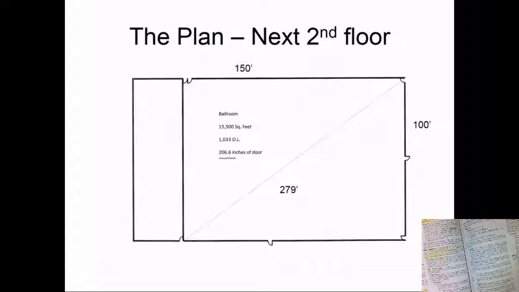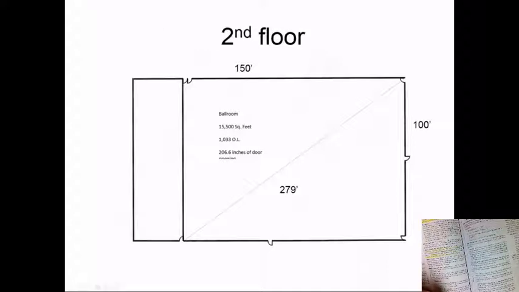So let's say this is 200 feet long, and you divide it by 2, then the next doorway has to be at least 100 feet from the next doorway. So each doorway has to be a minimum of 100 feet away. Same thing on the second floor.